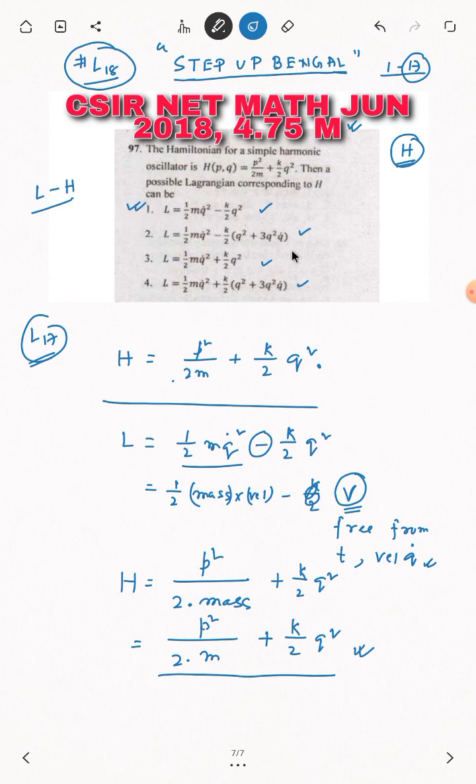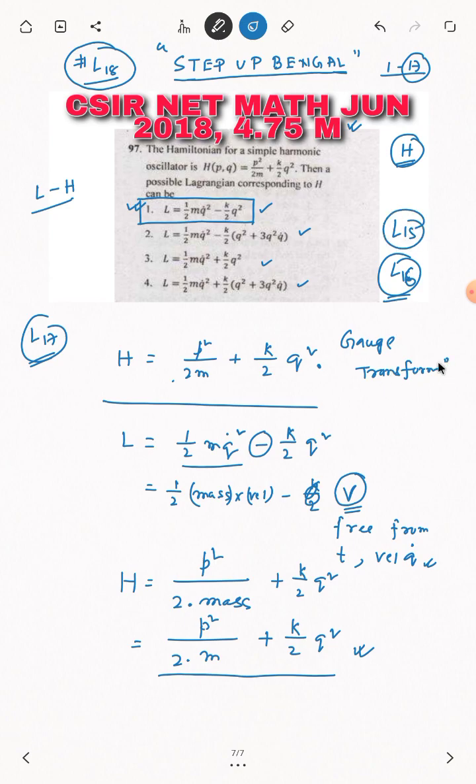Now the beauty is that when this particular question was set, most of the students answered only 1, because they somehow missed the trick of gauge transformation, which I discussed in a previous lecture, perhaps lecture number 15 or 16. You should visit.